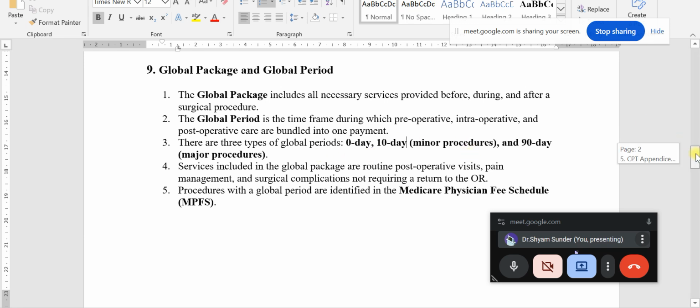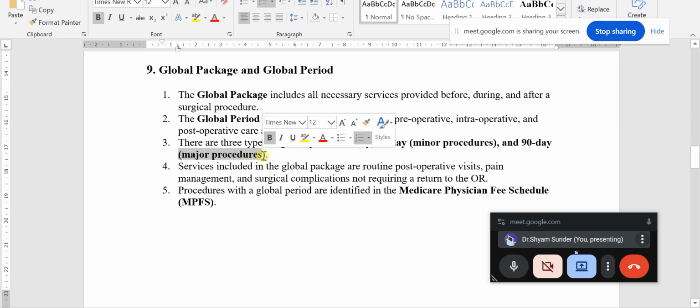So this is the global period. Day before surgery, one day before the surgery, that is for major surgeries. So what do you mean by this?